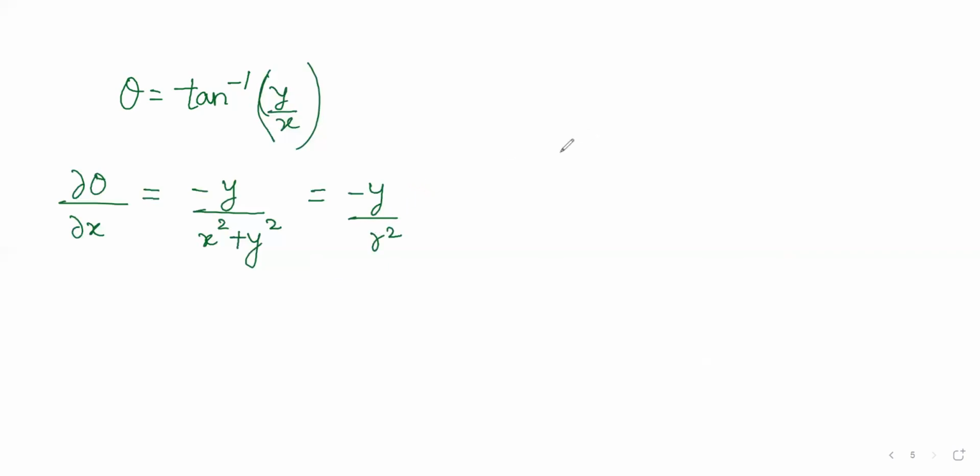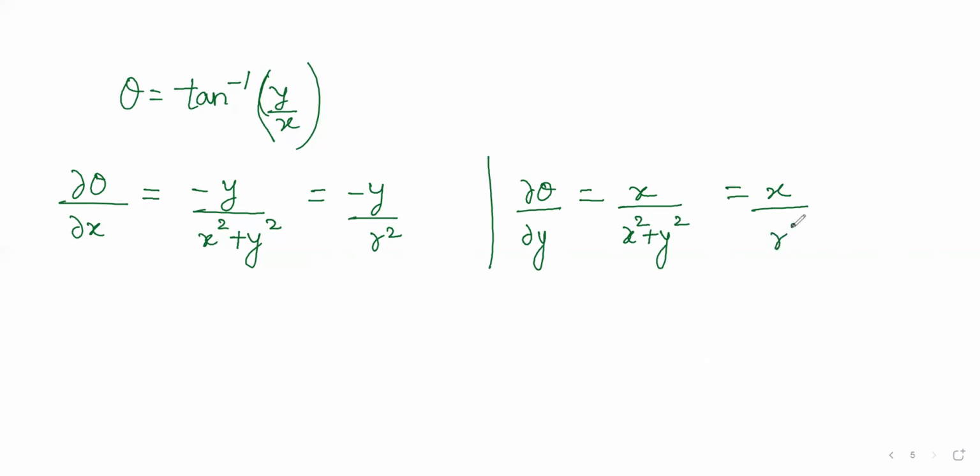Similarly, delta theta upon delta y is equal to x upon x square plus y square, which is equal to x by r square.